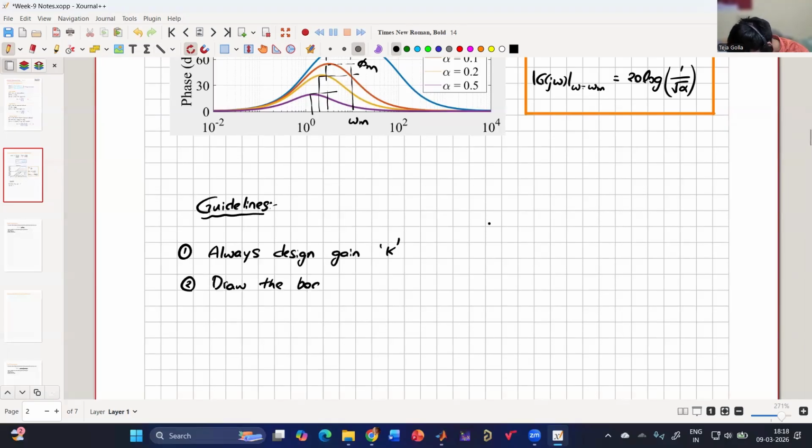Bode plot of K into that plant G. And then check the phase margin, PM, bandwidth, BW, as well as gain margin.